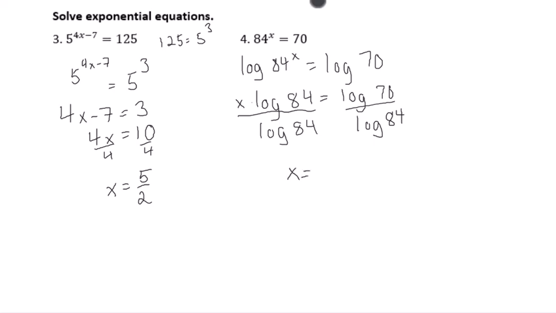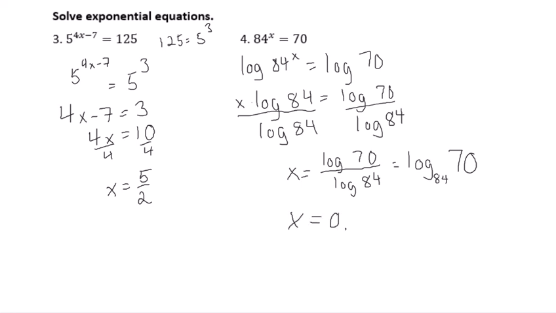And then we get x equals log of 70 divided by log of 84, which is also equal to, because of change of base, log base 84 of 70. And on your calculator, you will get x equals 0.9589. If you don't know how I got that, you can go look at my previous videos about change of base. All right, let's look at some other examples.